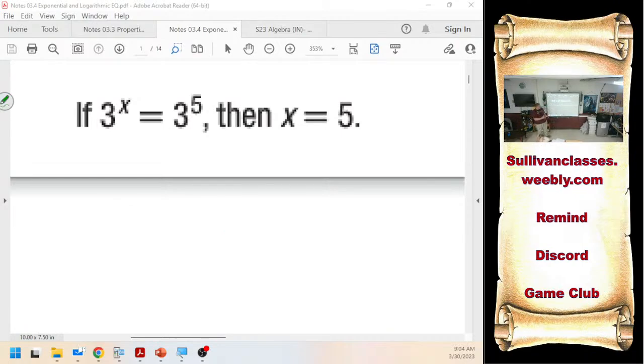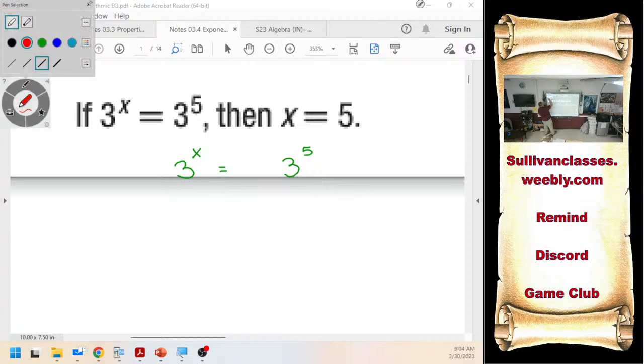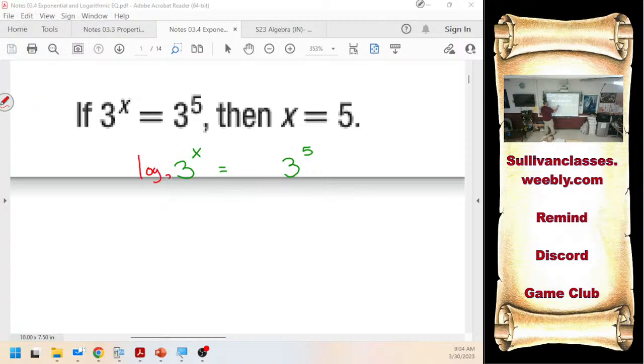And I want you to write this part. If I have 3 to the x equals 3 to the 5th, the reason this works is because I can log both sides. If both sides have a base of 3, it makes a lot of sense for me to use what kind of log? Log base 3. So I would log base 3 of this guy, log base 3 of this guy.